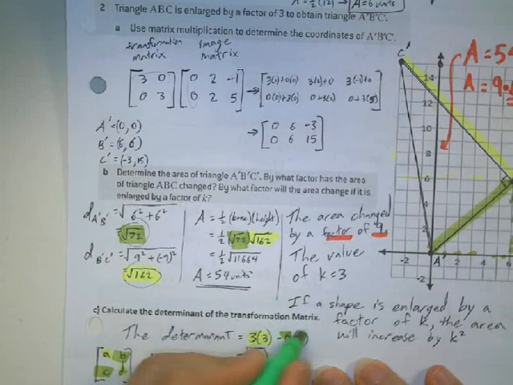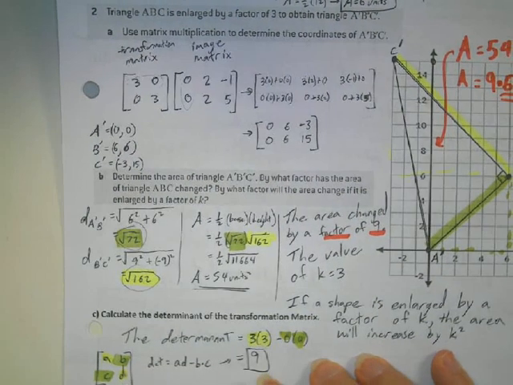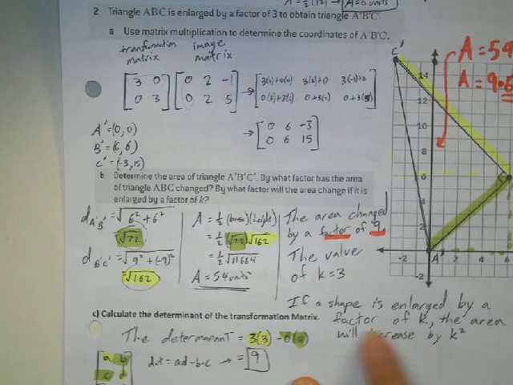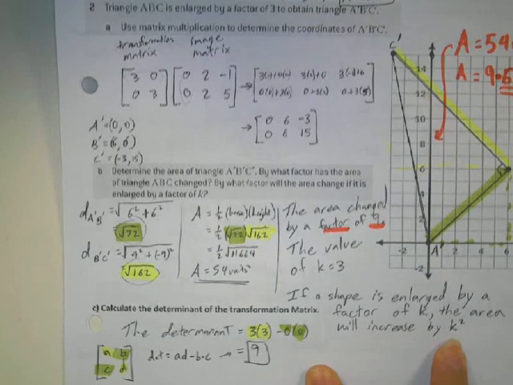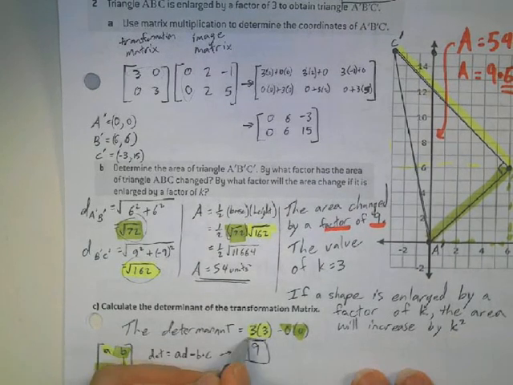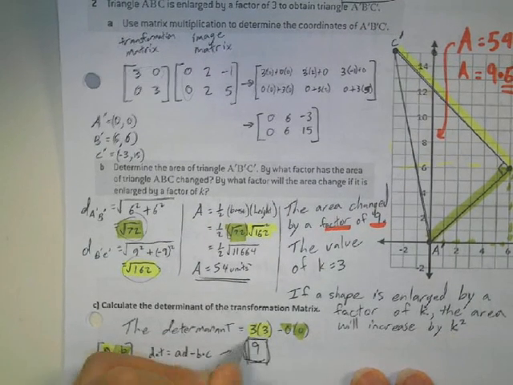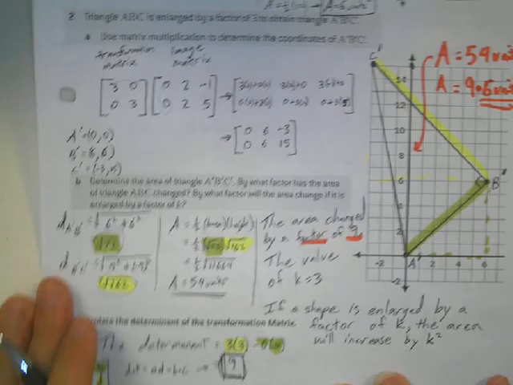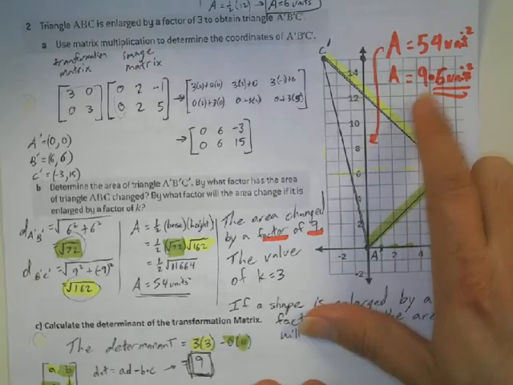So my determinant is equal to 9. So it's enlarged by a factor of k. The area will increase by k squared. But the important thing here is when I take the determinant, we notice that we get 9, and the area happens to be 9 times bigger.